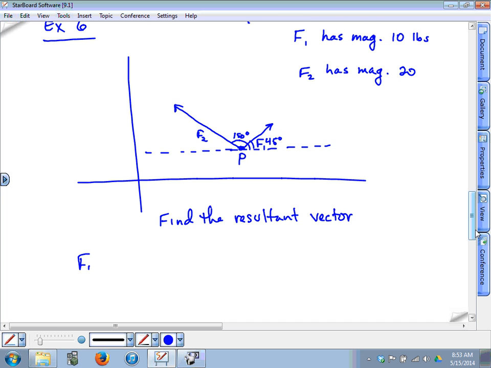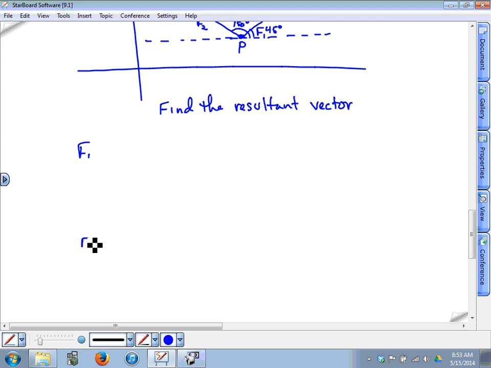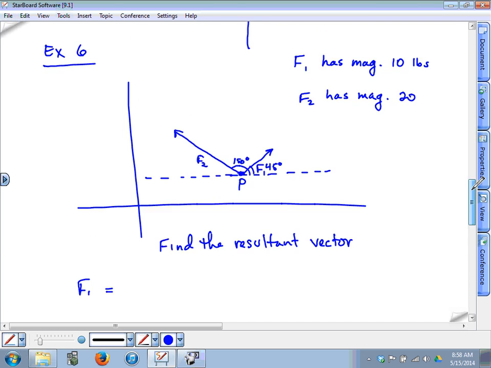For F1, we have to do the same thing for F2. How did we do? There were some strange numbers, but let's see, what was the magnitude?